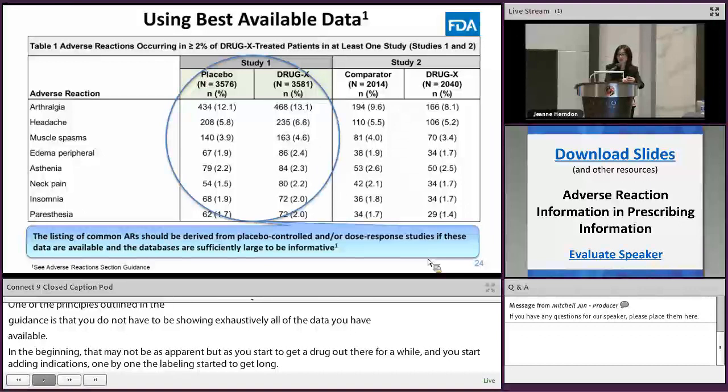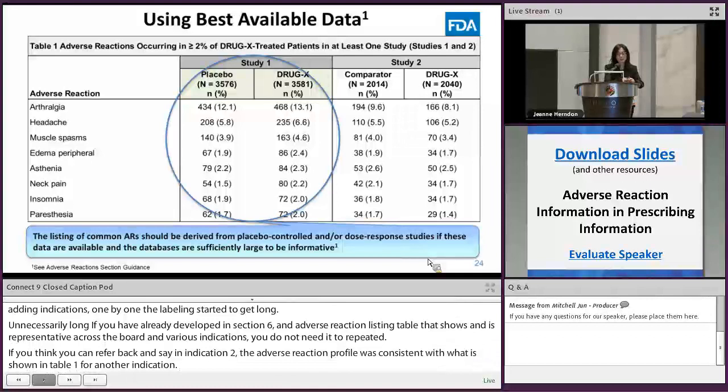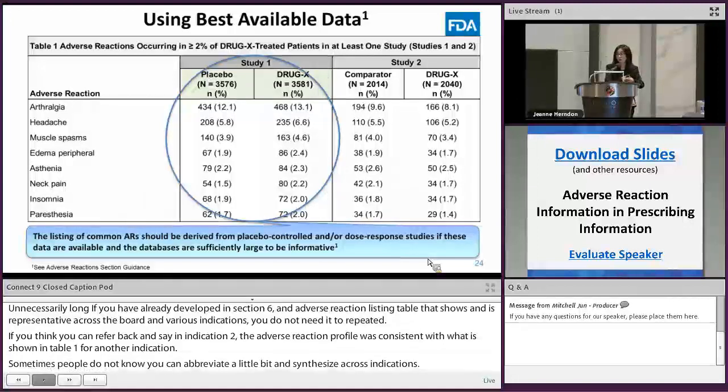You can refer back to it and say that in indication 2, the adverse reaction profile was consistent with that shown in table 1 for another indication. Sometimes people don't always know that you can abbreviate a little bit and synthesize across indications, but we actually encourage that because the busy healthcare provider is not going to have time to look through a very, very long labeling if not necessary.